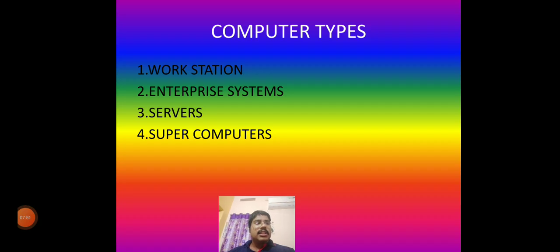Next, the third one is servers. Servers are used if you want to share a large amount of data. When a large amount of data handling capability is required, then we go for servers.